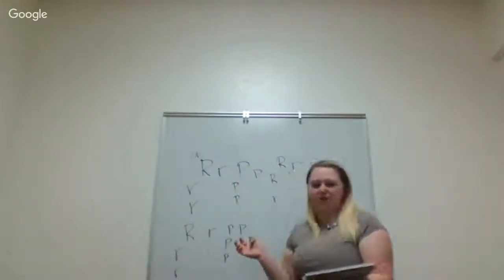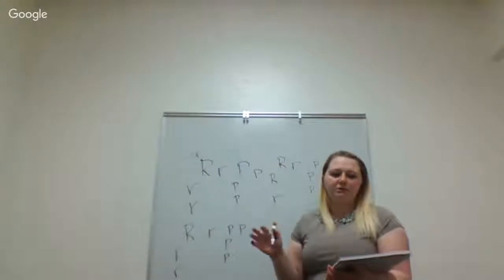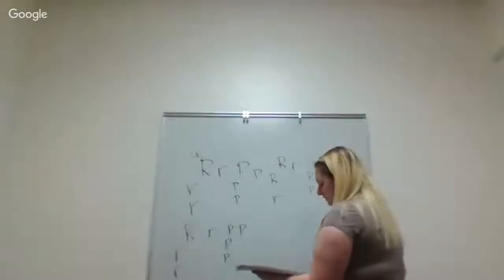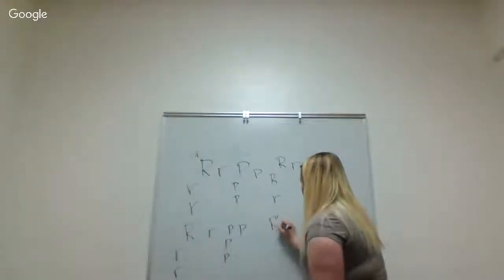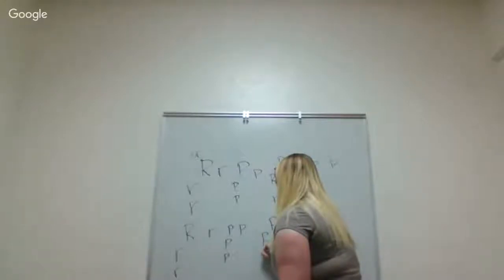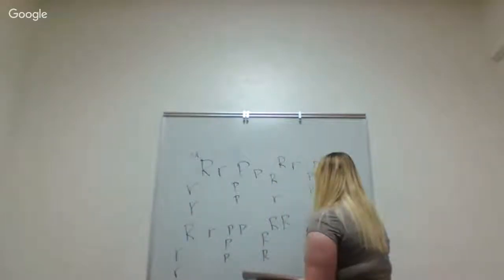We take these two and we cross them, it'll give us the 1 to 1 ratio. And then for D, in order to do that, we need to do capital R with capital R, capital R. A heterozygous P, big P, big P, little p.